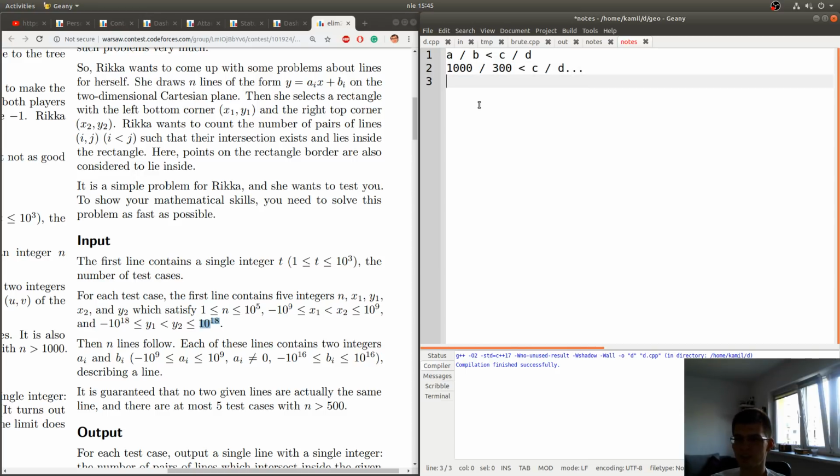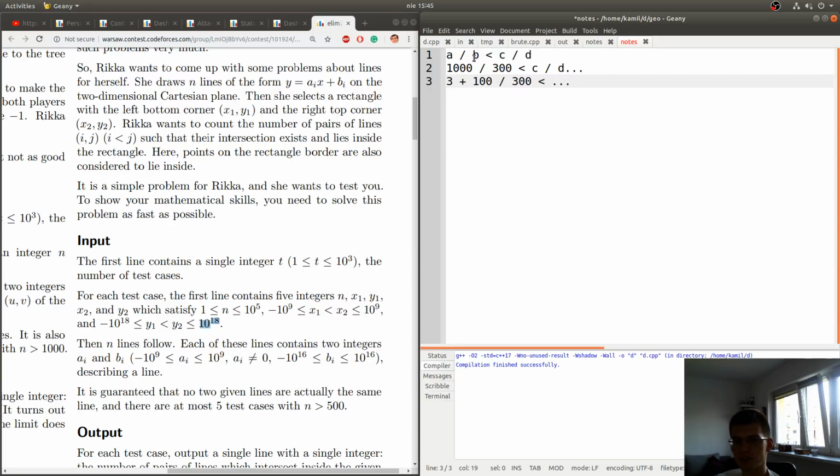We can represent it as 3 plus 100 divided by 300, whether it's more than something. So we get the integer part, plus some fraction less than 1.